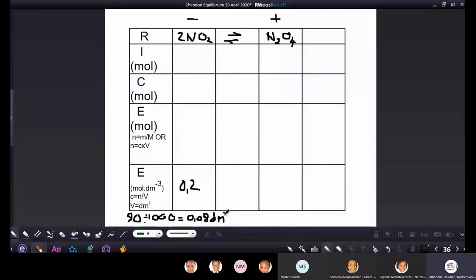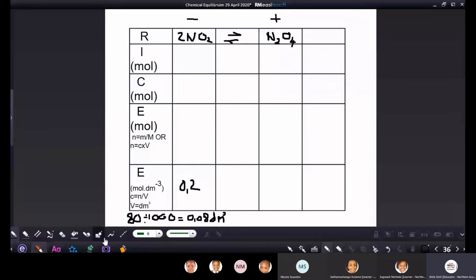Why did I want to do it by 100? Because normally we divide by 100, but remember it's to the power 3, so it's divided by 1,000. So 80 divided by 1,000 is 0.08 cubic decimeters.